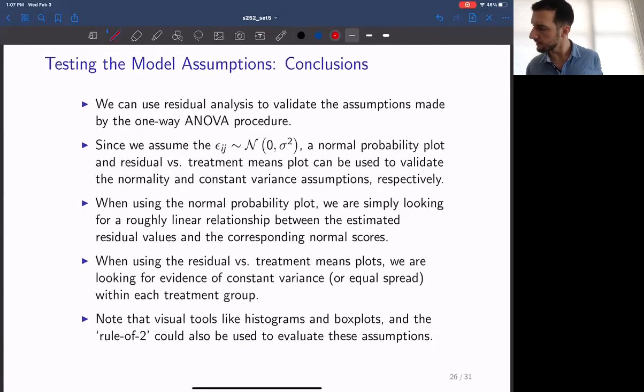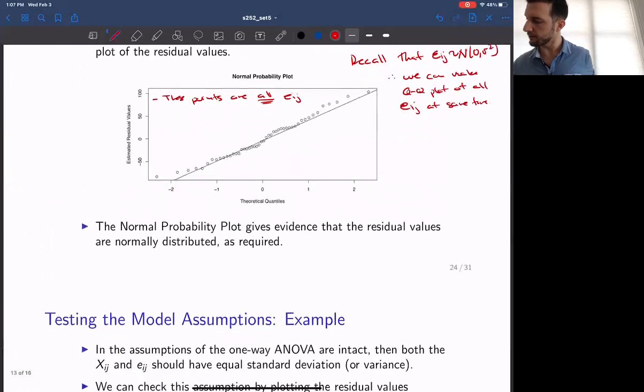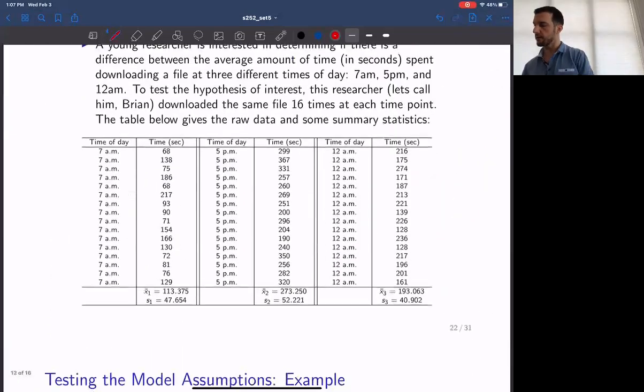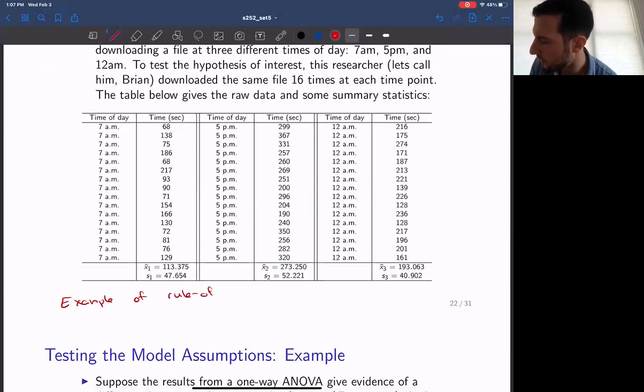I think I defined the rule of 2 in lecture set 4, but I'll just write it down here so that you have it. So here's an example of the rule of 2 for this illustration.